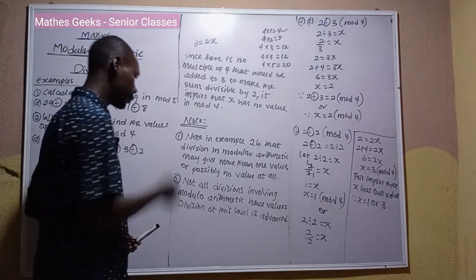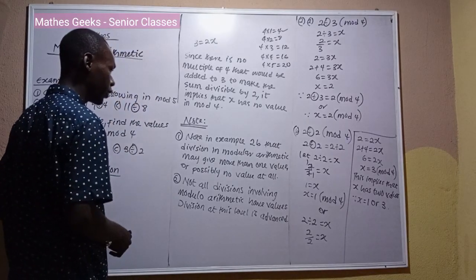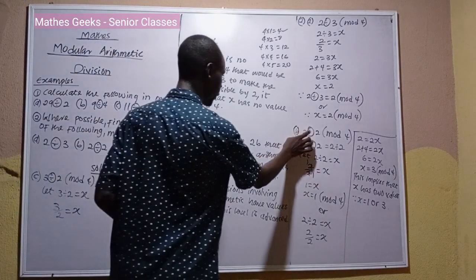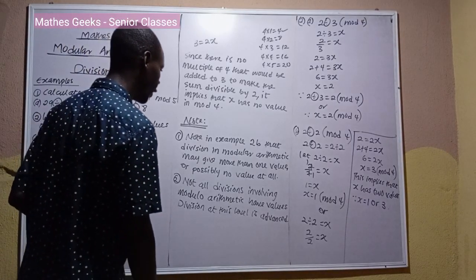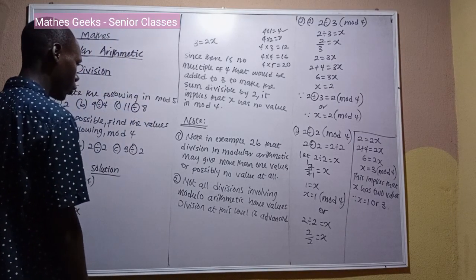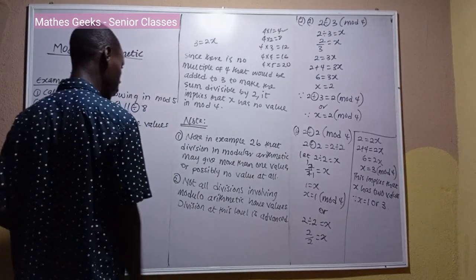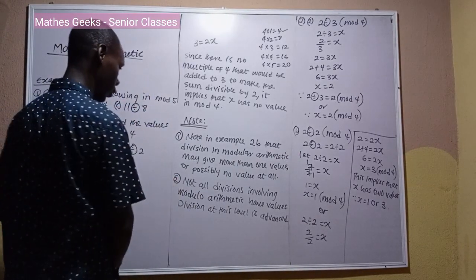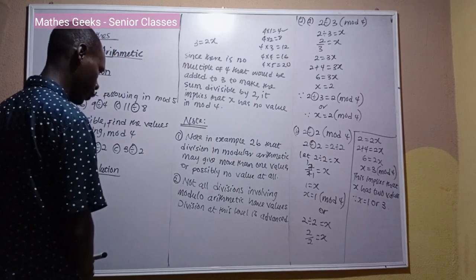So here are two facts that you need to note. Note in example 2b that division in modular arithmetic may give more than one value, or possibly no value at all. Not all divisions involving modular arithmetic have values.